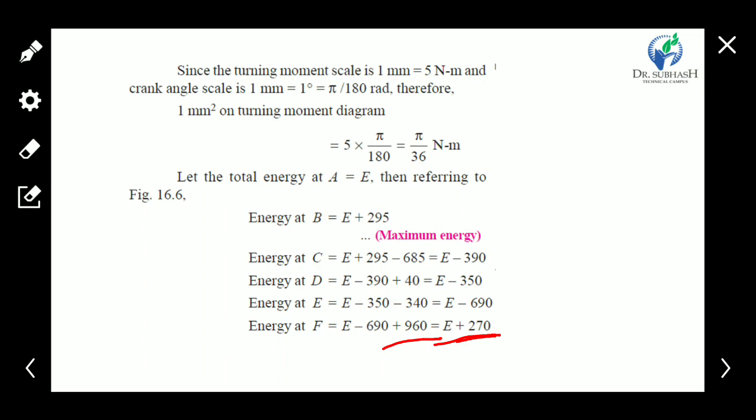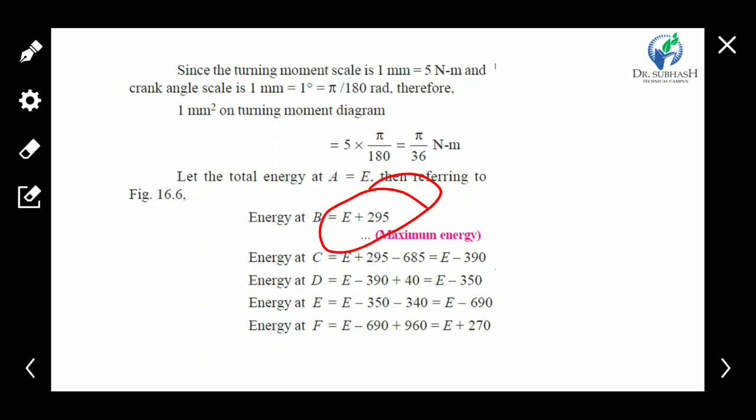Clear that. So we have to decide the maximum energy and minimum energy. Here the maximum energy is E plus 295 and the minimum energy is E minus 695.